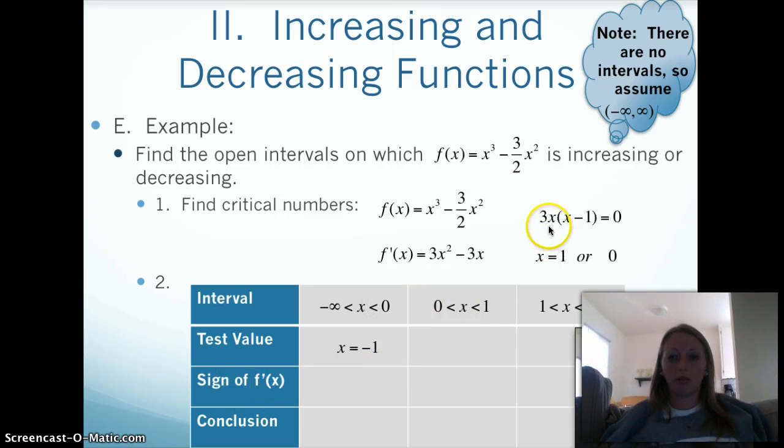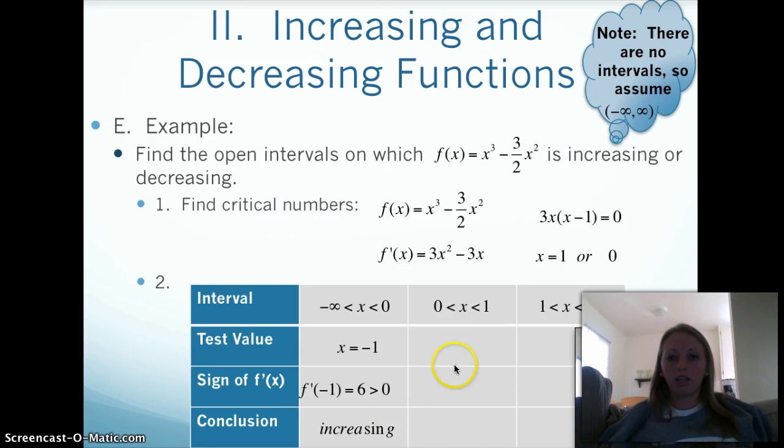Negative 1 squared is 1, 3 times 1 is 3, minus 3 times negative 1, we get f prime of negative 1 equals 6, because minus and negative, you add them. 6 is bigger than 0, and if your derivative is greater than 0, that means it is increasing.